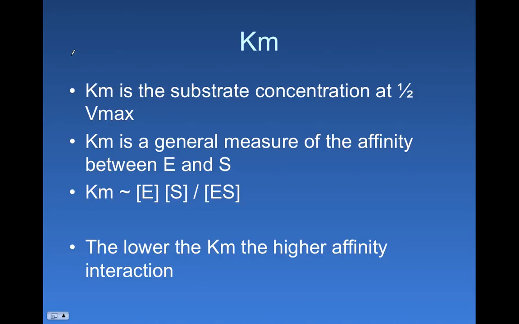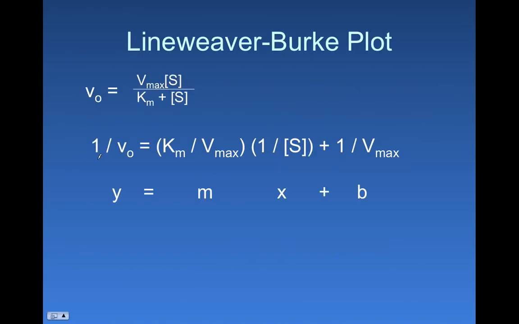And so what we're going to do is look at a Lineweaver-Burk plot. A Lineweaver-Burk plot takes our Michaelis-Menten expression, which is here, and it inverts it. And so instead of initial velocity, we're going to do 1 over initial velocity. Instead of substrate concentration as our x-axis, we're going to do 1 over substrate concentration.